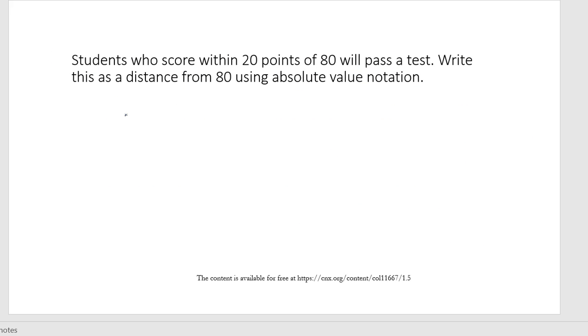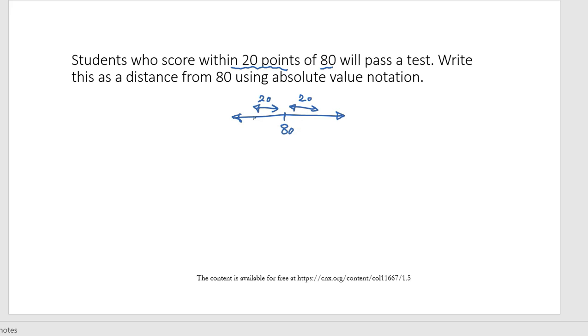Students who score within 20 points of 80 will pass a test. Write as a distance from 80 using absolute value. So if 80, then 20 units right, 20 units left.